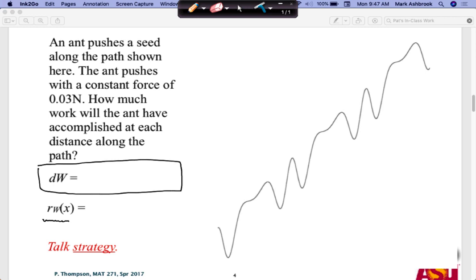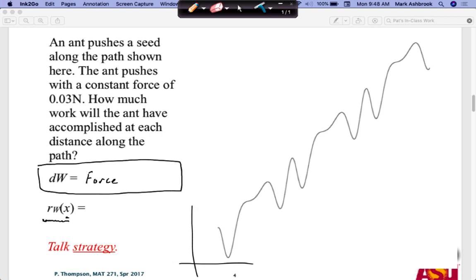So what would I write here that relates to the rate of change of work? dW equals what? Force times distance, okay. Now, notice that my independent variable is x.